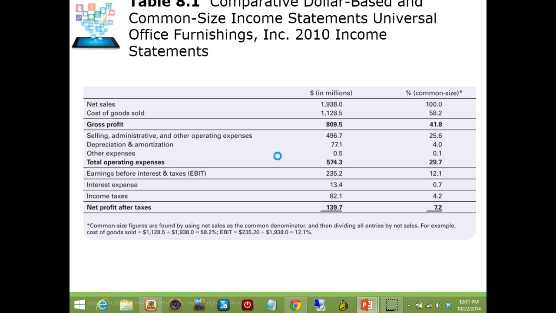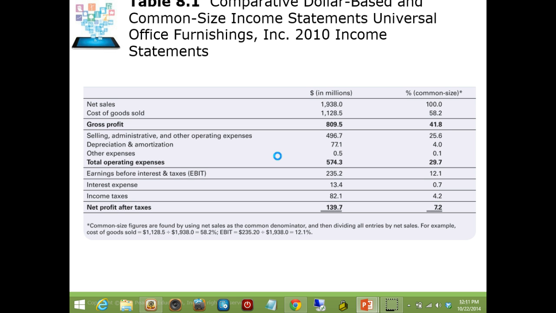Now, one area that we talked about last chapter was financial statements, and the income statement is one of the things that we can look at as far as analysis. We can take percentages of the different items in the financial statements. For example, if we look at percentage of sales, cost of goods sold is 58.2% of sales.